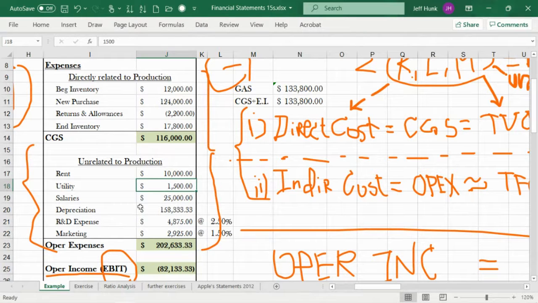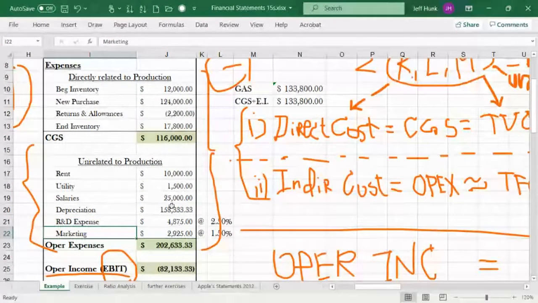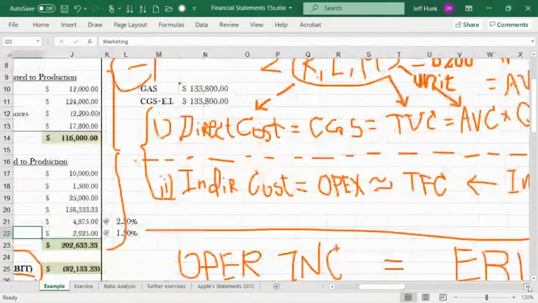The line items are basically the expenses unrelated to production, which are rent, utilities, salaries, depreciation, R&D expense, and marketing expenses. Forget about these minor line items. It's more important to understand why it is indirect.